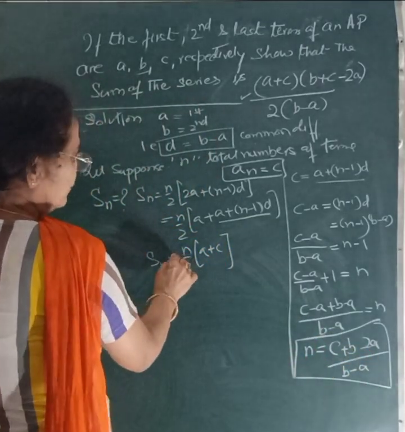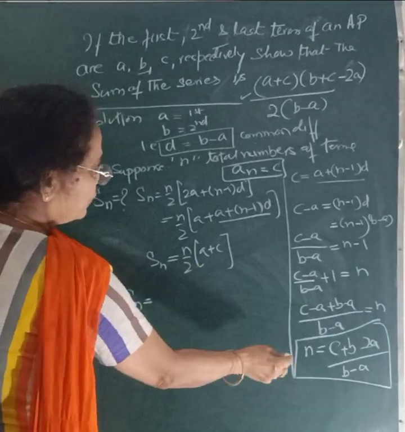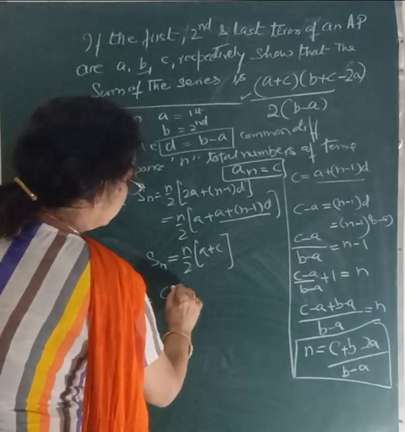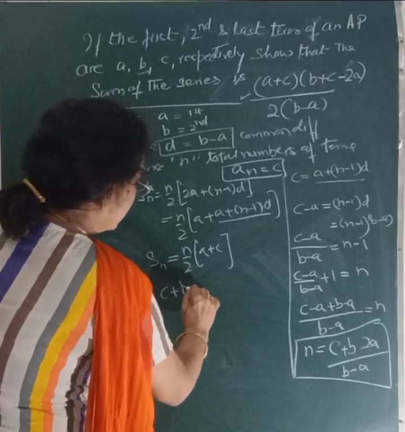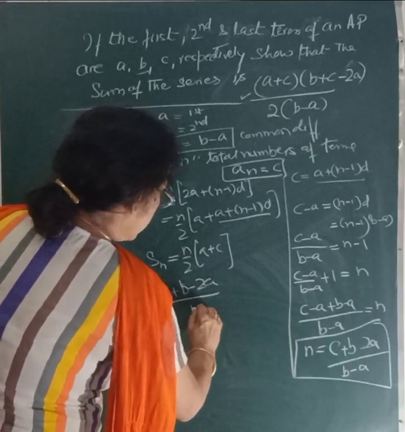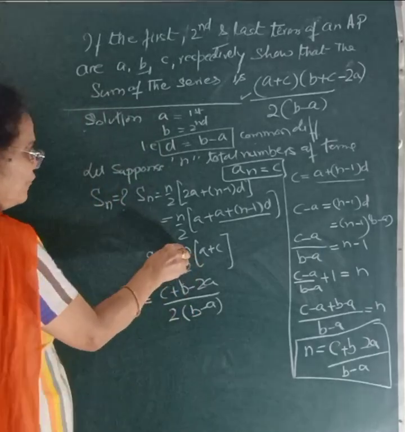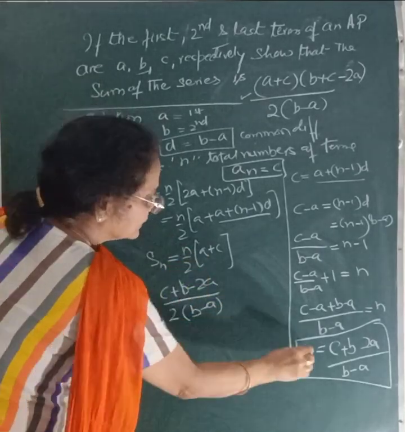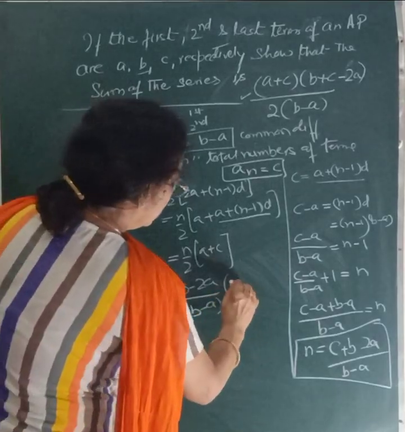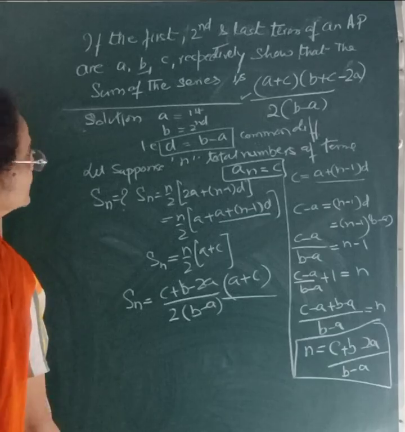This value we can put so that S_n will be equal to n by 2, that is (c plus b minus 2a) upon (b minus a), upon 2, into (a plus c).